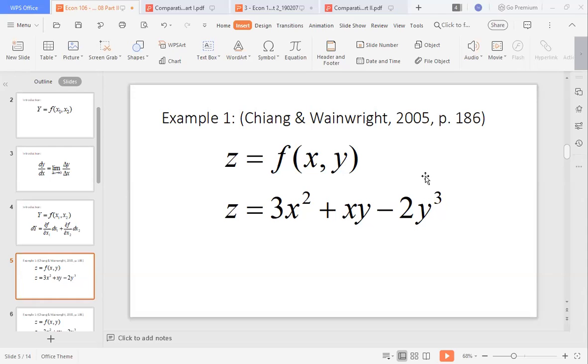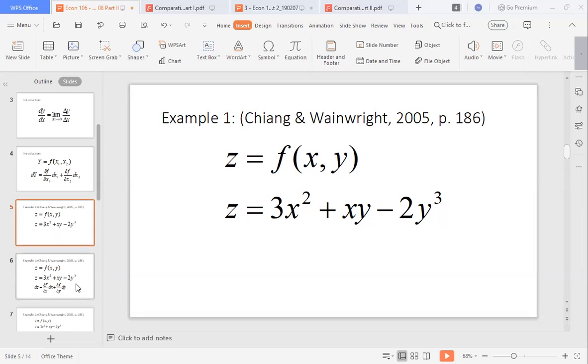Okay. Good, that's correct. But let me just add into that now. Let me rephrase that. Getting the total differential of z would mean getting the first partial derivative with respect to x, and also the partial derivative with respect to y.